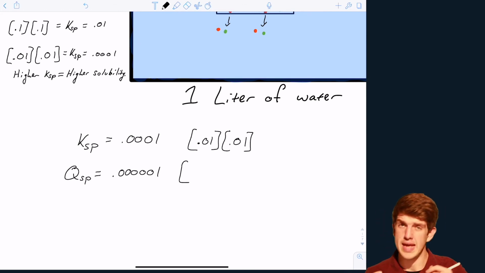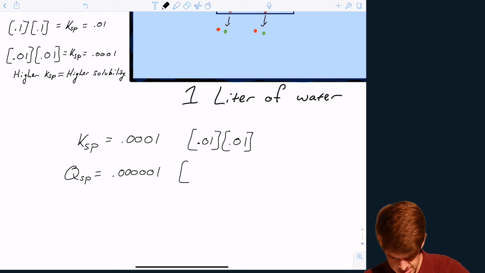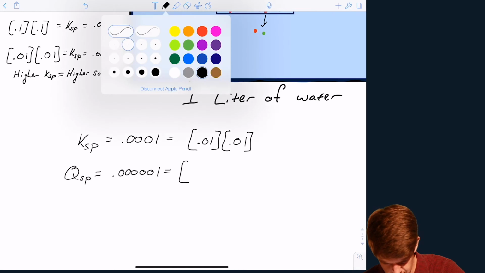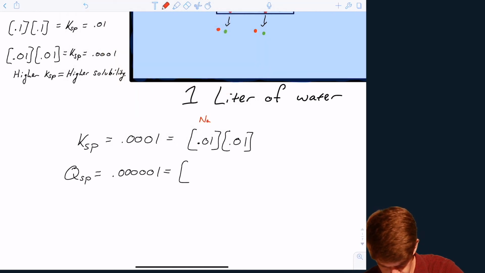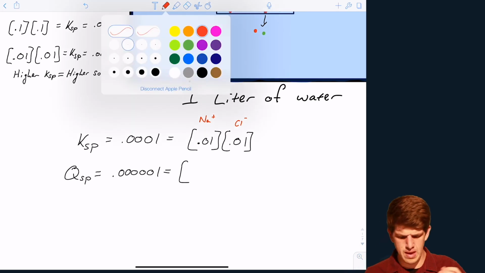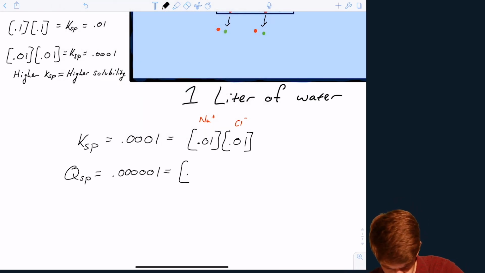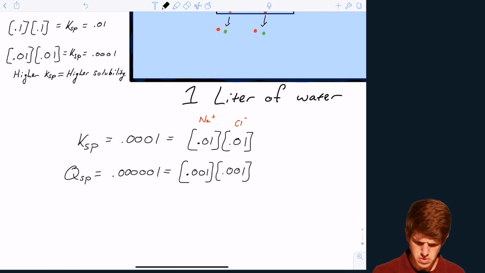So what does that mean? It's still the product of my ion concentrations. So for this, I'll just write Na+ Cl-, just to make it a little more straightforward. This would mean that my concentration of both, if they are equivalent, would be 1 times 10 to the -3 each. And so I don't have as concentrated a solution of NaCl at this point in time.